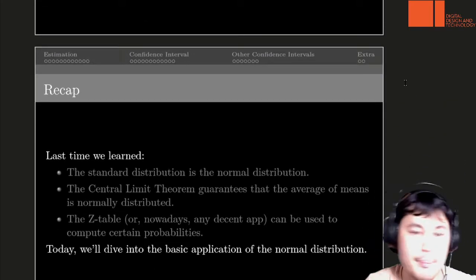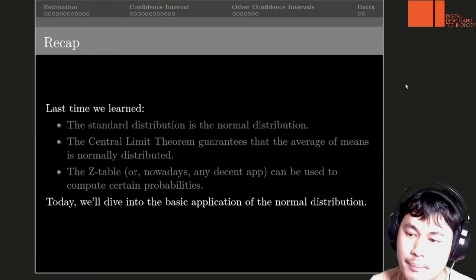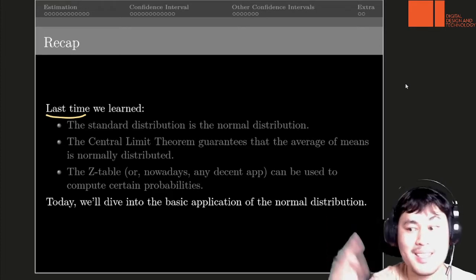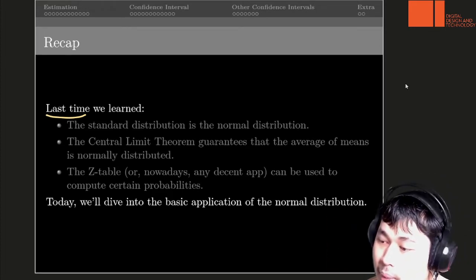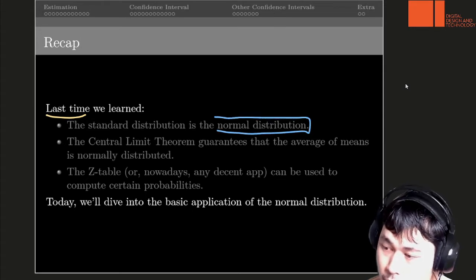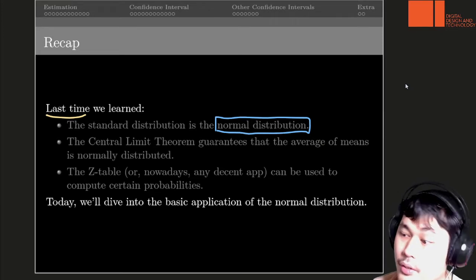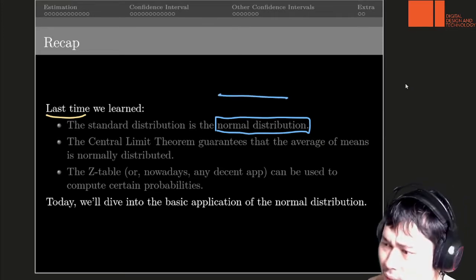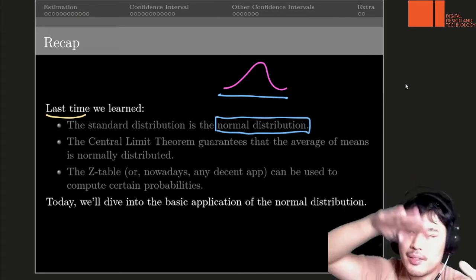But let's recap quickly what we have learned so far. Last time, in the last few lectures, we talked about the normal distribution, a continuous distribution where the curve looks like a nice bell curve, symmetric.